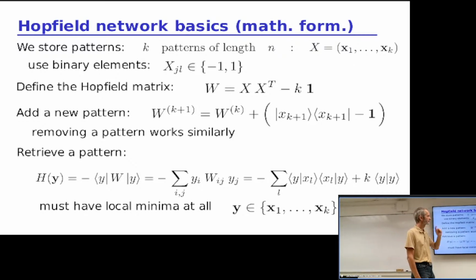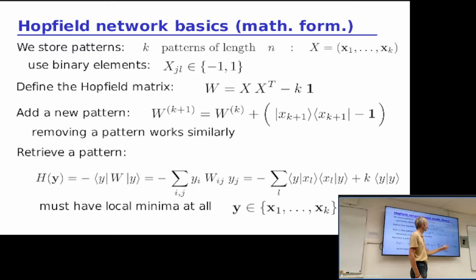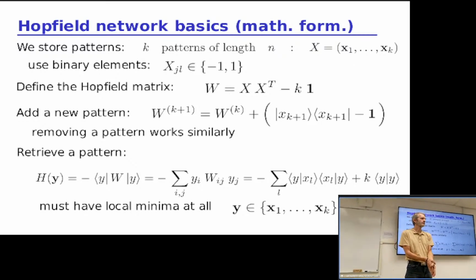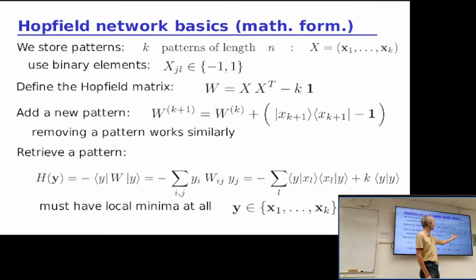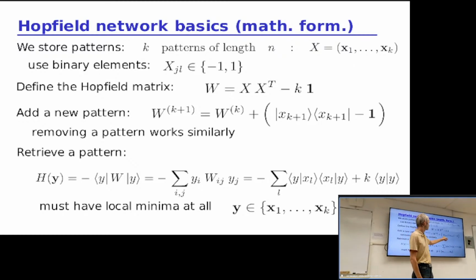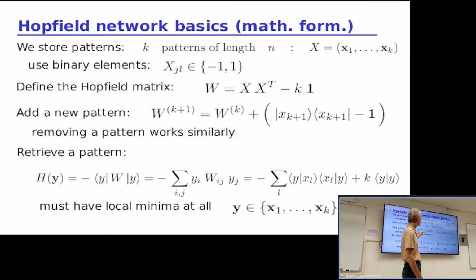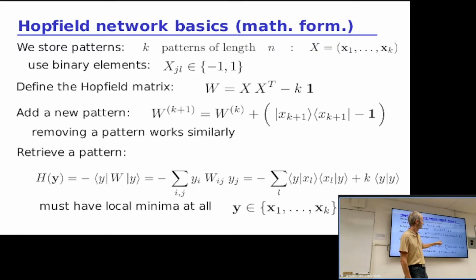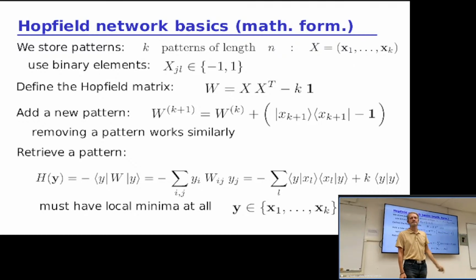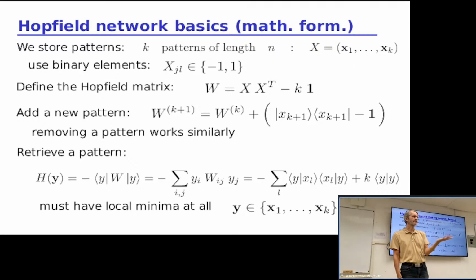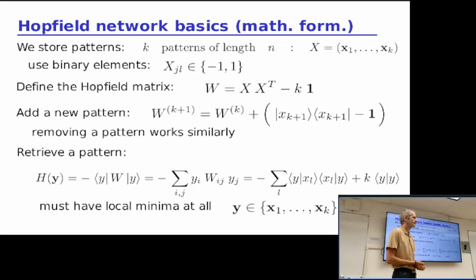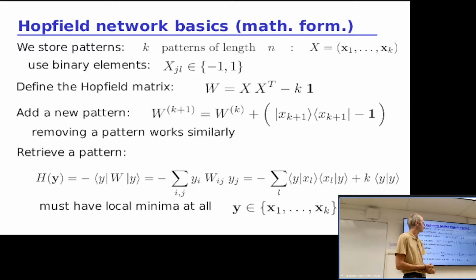You can see that, for instance, this pattern is not stored in one single place of the network, but all over the network. Each element of this matrix W will be changed according to that pattern, so each element of the network contains some information about the new pattern you stored.